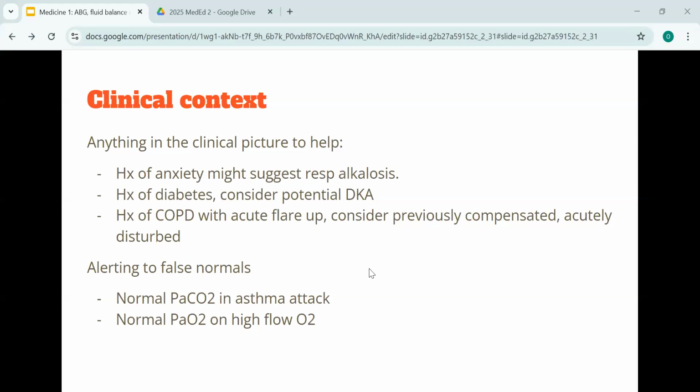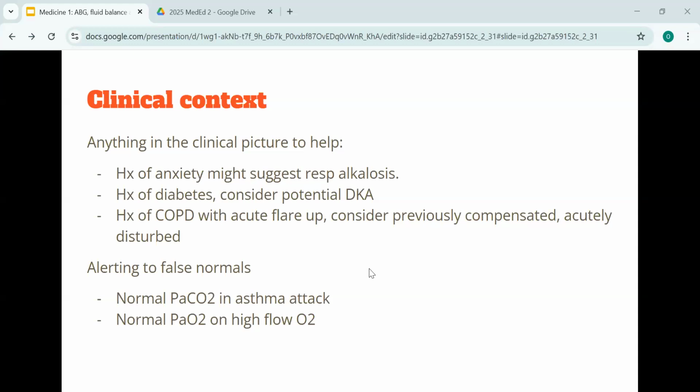This may mean that they can now only partially compensate despite really wacky bicarbonate levels, which have been there due to the compensation they've had to do over many, many years. So it's always good to read the vignette and think logically back to your basics. What is this process going to be doing to my acid-base status here?